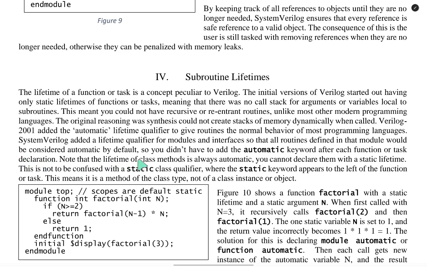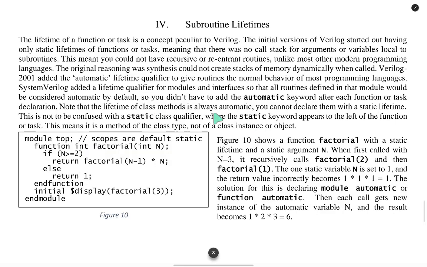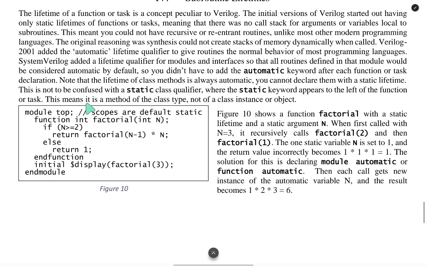Now the lifetime of a class method is always automatic. You cannot declare them with the static lifetime. This is not to be confused with the static class qualifier, where the static keyword appears to the left of a function or a task. This means that it is a method of a class type, not of a class instance or an object.